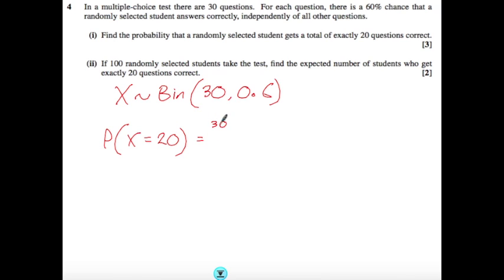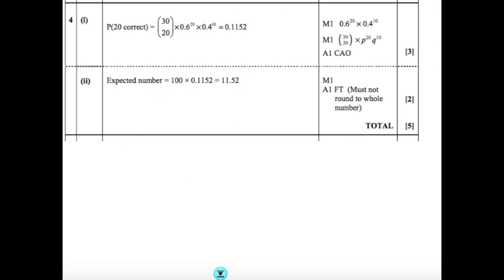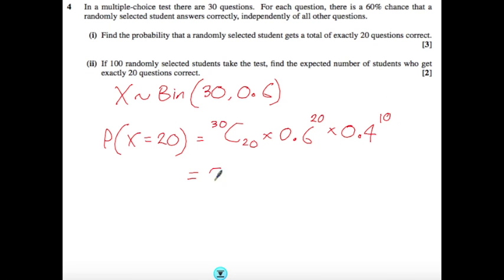That will be 30C20 times the probability of a success to the power of the number of successes, times the probability of a failure to the power of the number of failures. If you put that in your calculator, you should get 0.1152. On MEI they like probabilities to 4 significant figures for some reason.